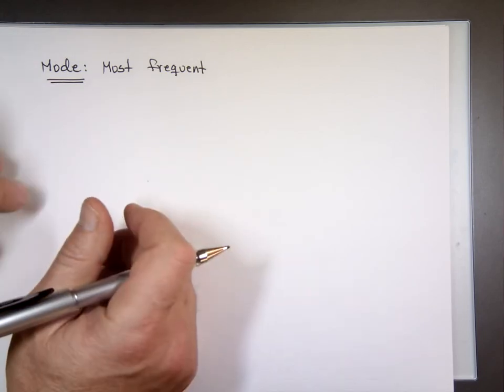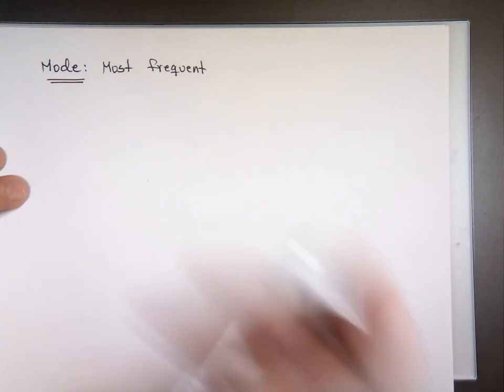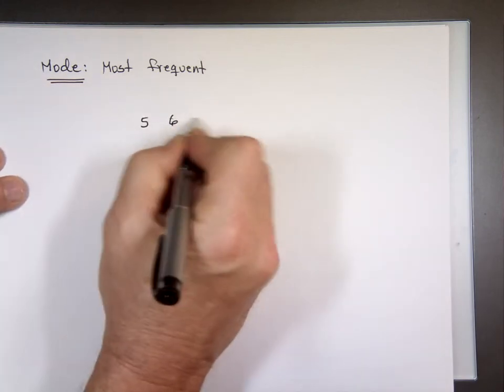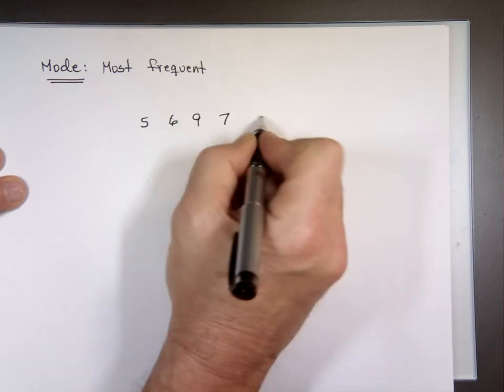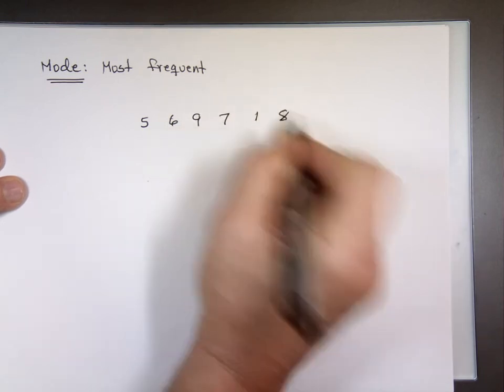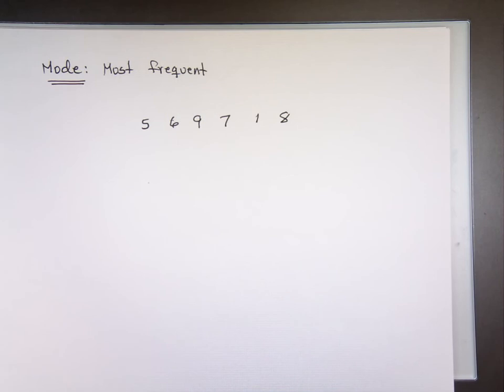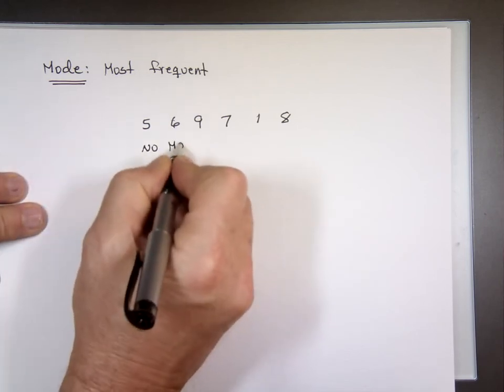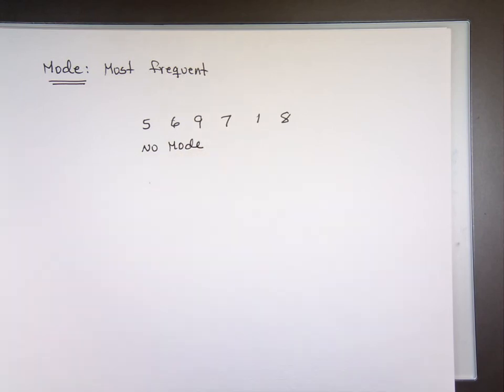Quiz 1, we're out of 10. We got a 5. Somebody got a 6, a 9, a 7, a 1, and an 8. What is the mode? No mode. There's not a single number that showed up more often than the rest of them.